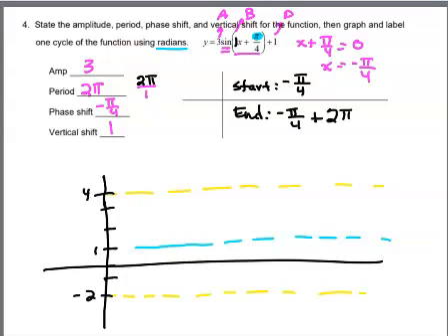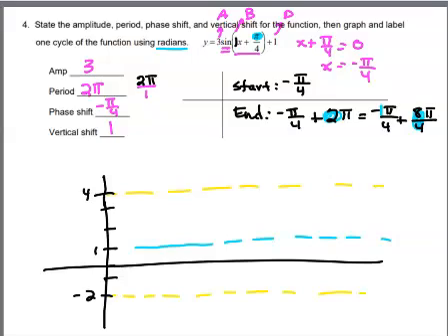So I'm going to add these two together, but I have to find a common denominator. So common denominator is 4. So 2 is equivalent to 8 over 4.